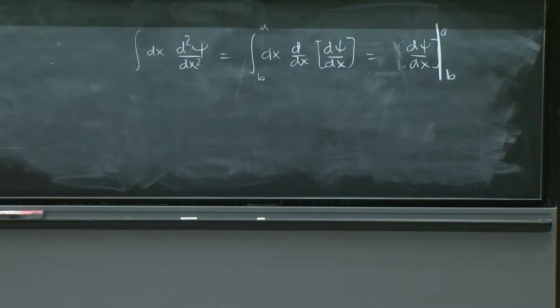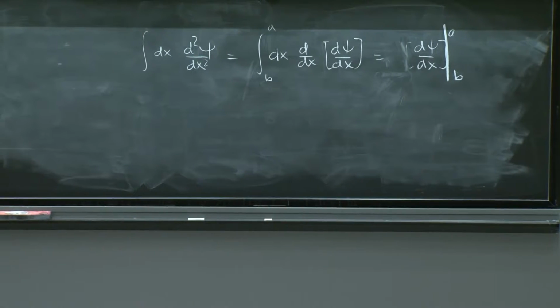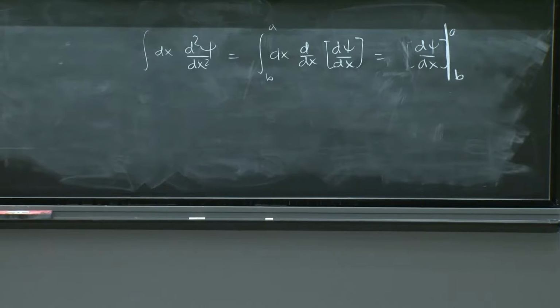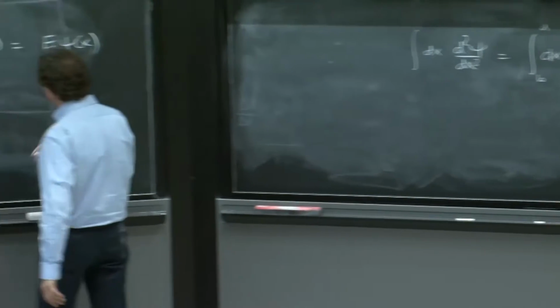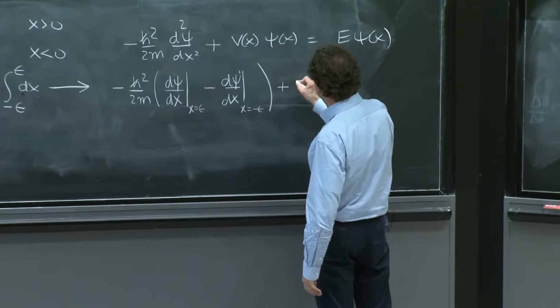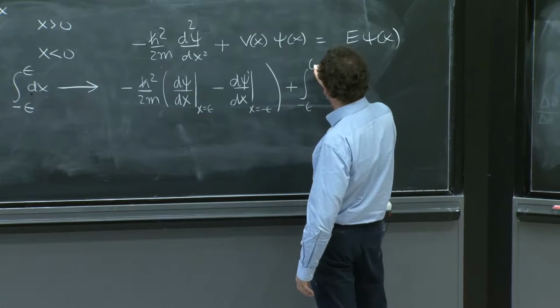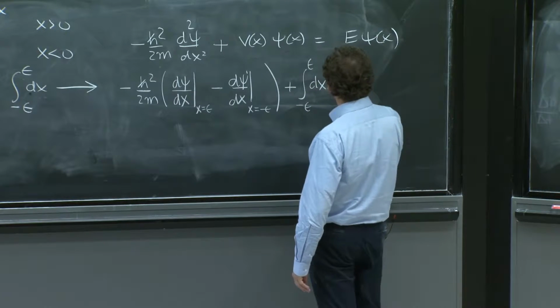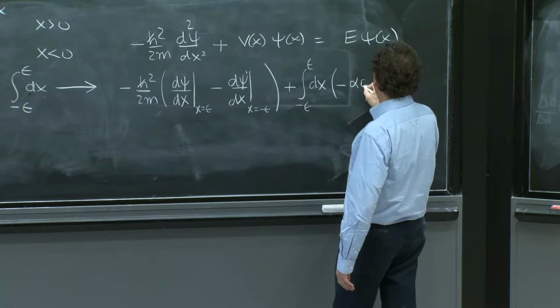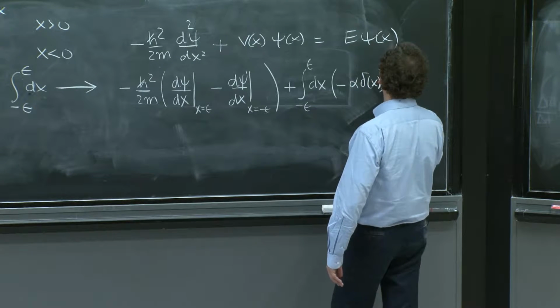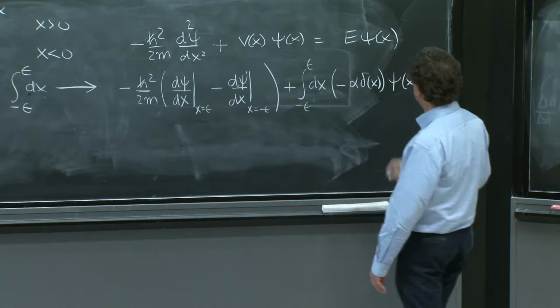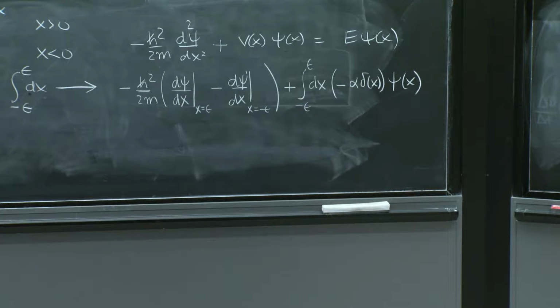Now the next term is the integral of psi times V of x. So I'll write it plus the integral from minus epsilon to epsilon dx of minus alpha delta of x psi of x. That's the potential. Now we use the delta function.